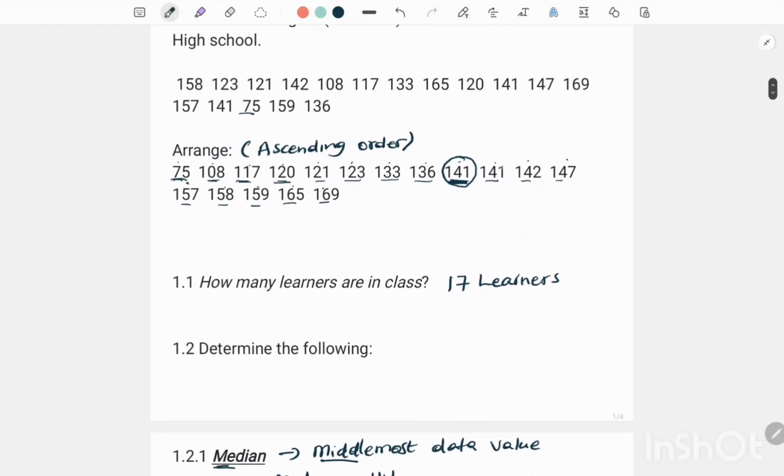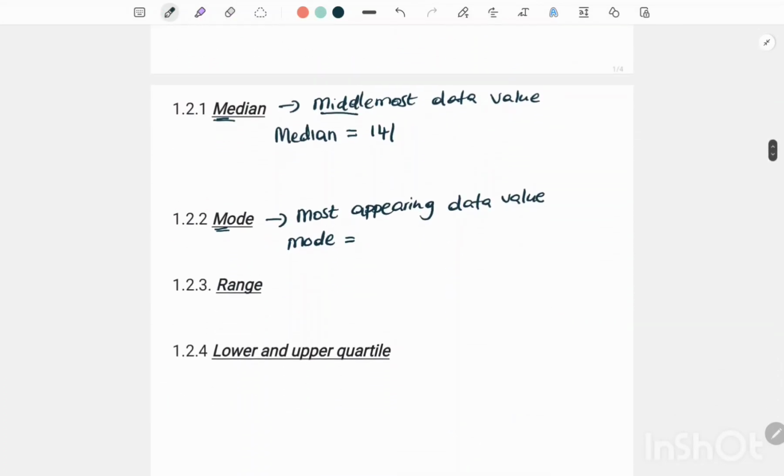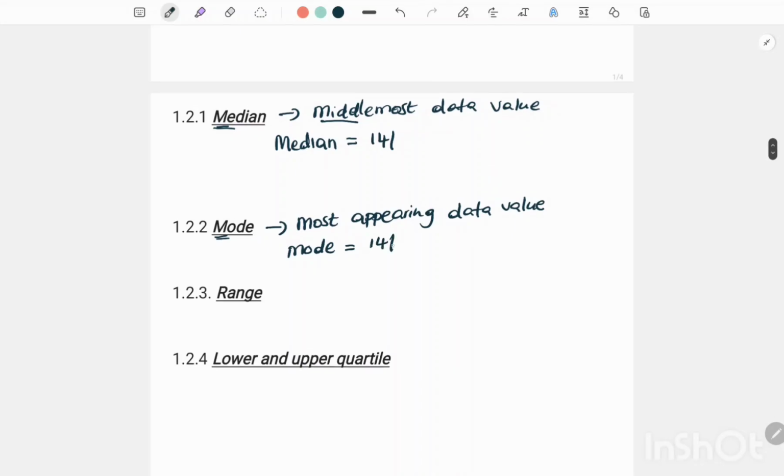There's only one number that occurs twice, which is 141. So 141 will be your mode, the most appearing data value also. So it's 141. Then you are fine.